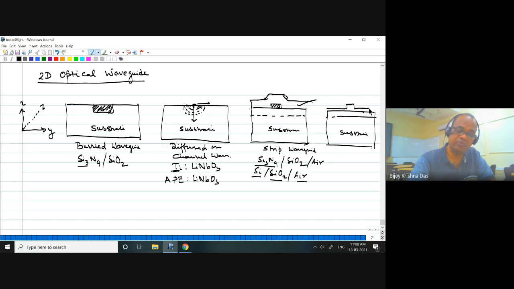They are very popular for silicon on insulator structures, used for modulator circuits and many other applications. And then you can have a top cladding also. So this is called a rib or ridge waveguide structure.